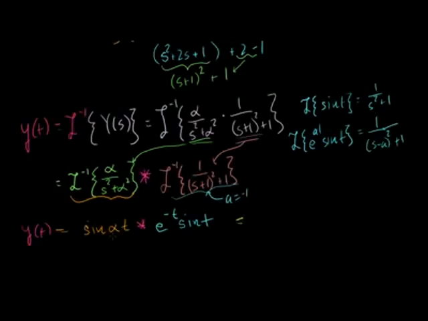So this is equal to, what's the convolution of these two things? It's the integral from 0 to t of sine of the first function of t minus tau.